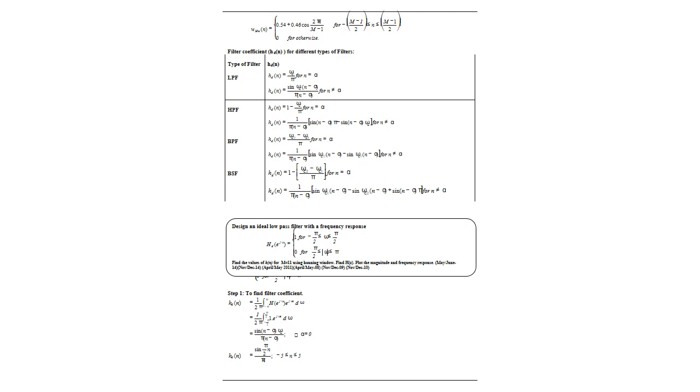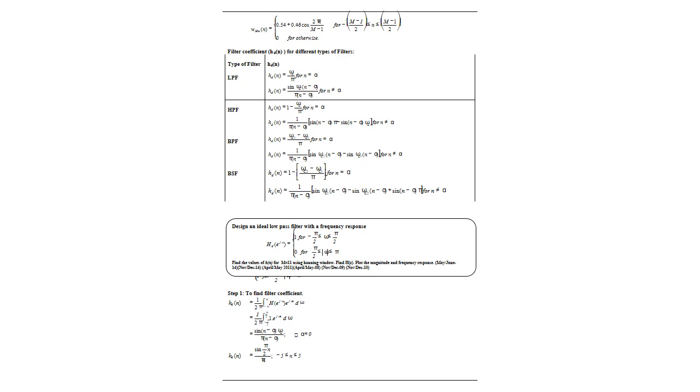So for high pass filter it is 1 minus omega c by pi for n is equal to alpha, and next thing is 1 by pi into n minus alpha into sine n minus alpha pi minus sine n minus alpha into omega c for n is not equal to alpha. So band pass filter is, if n is equal to alpha, omega c2 minus omega c1 by pi.